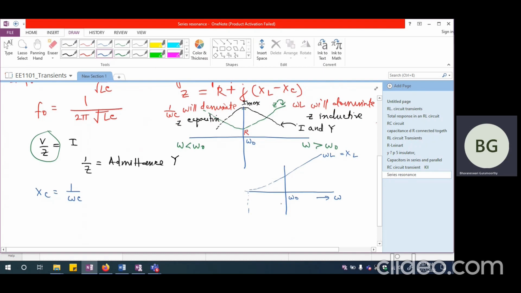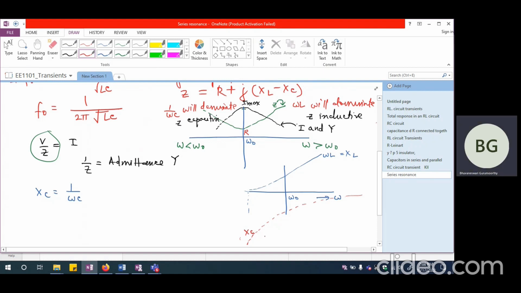And as omega increases further and further, and as omega reaches literally infinity, it is going to come down to zero. So I should show this capacitive reactance as though it reaches from a very, very high value and then it is going towards zero as frequency increases to extremely large values. So this is going to be the variation of Xc. How Xc changes, this is going to be the variation.